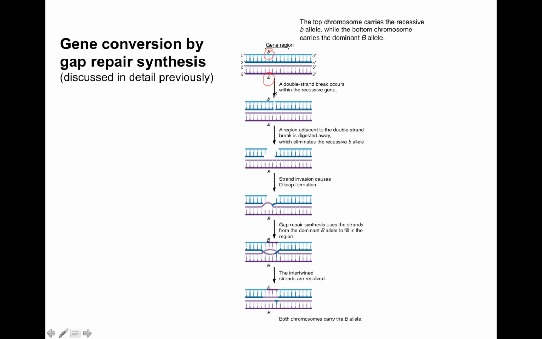Basically, you have removed this allele by processing. The region adjacent to the double-stranded break is digested away, which eliminates the recessive B allele. So the only information you have left is the dominant allele from the other chromosome. And that is a second way to convert one allele to another.